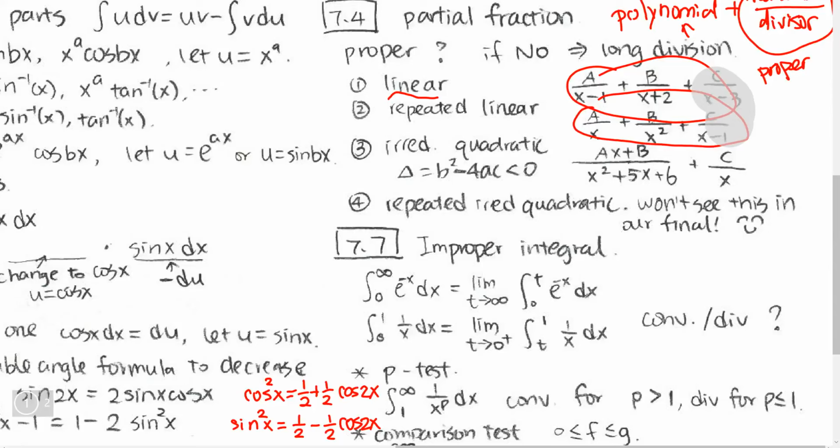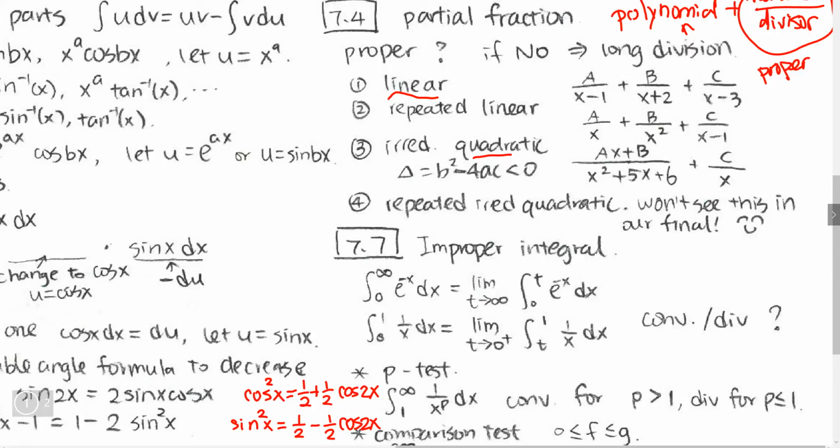And the third case is when we have an irreducible quadratic. What is an irreducible quadratic? Quadratic means it's degree 2. How do we know it's irreducible? Well, you look at the discriminant, b squared minus 4ac. This is the part inside the square root when you try to solve for x. If the discriminant is negative, then you have no real roots, so the quadratic factor cannot be decomposed into a product of two linear factors.